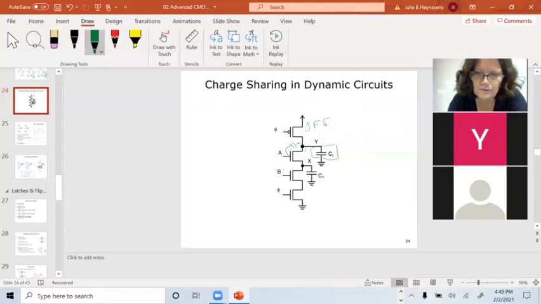There's capacitance all over the place. If some of these capacitors are not charged, the charge is going to move off of there, and it's going to cause the output voltage to decay. So you have a limited amount of time that you can leave phi off before you have to go back and do it again, because it will go away.